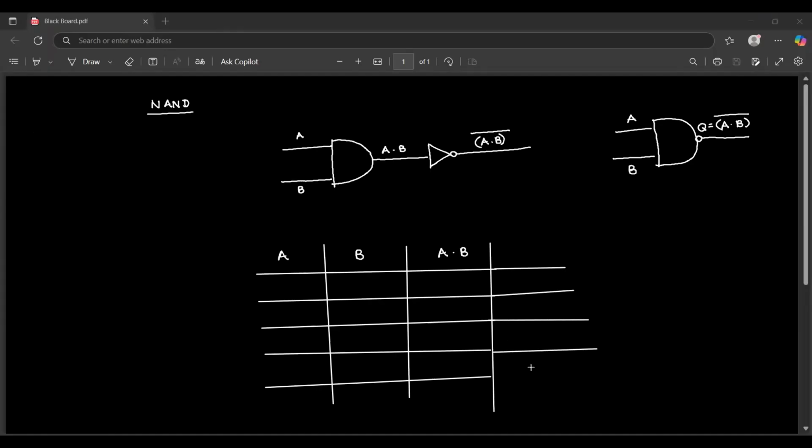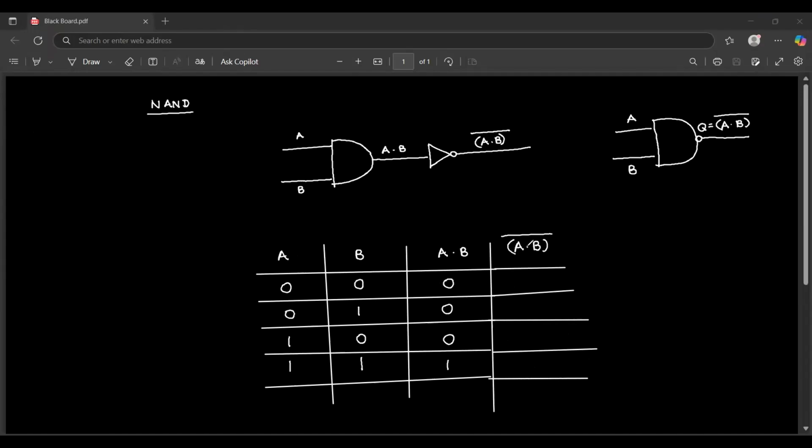So let's extend the truth table. Here we have A dot B whole thing bar. We start with B: 0 1 0 1. A is 0 0 1 1. A dot B will be 0 0 0 1.